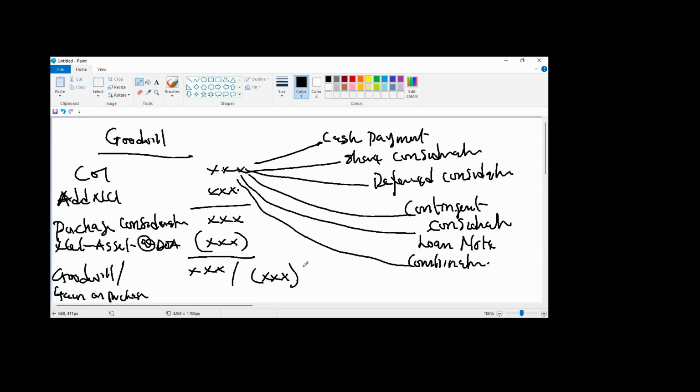Sorry, sir. What question about what, sir? We are seeing on the calculation of goodwill. Ichoke is number what? How to calculate goodwill on it.